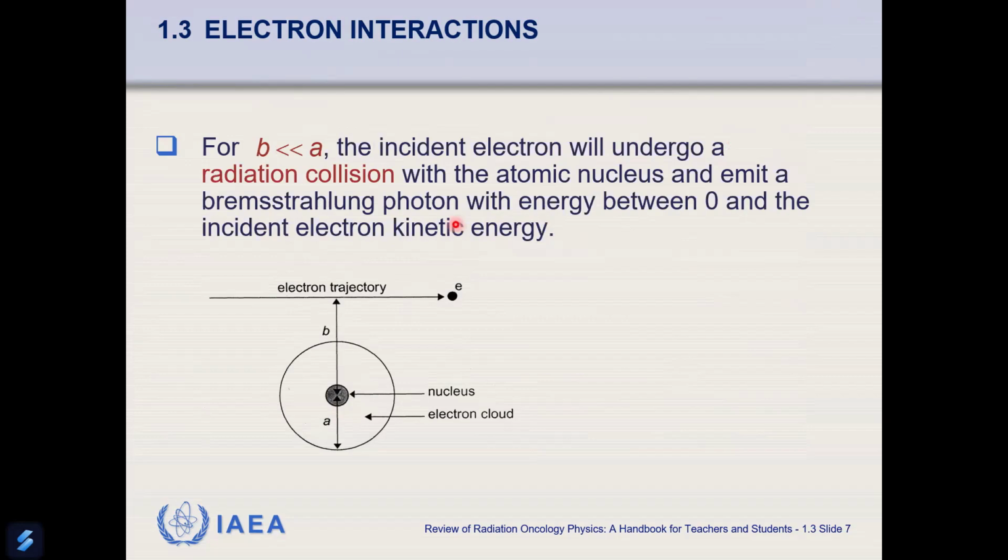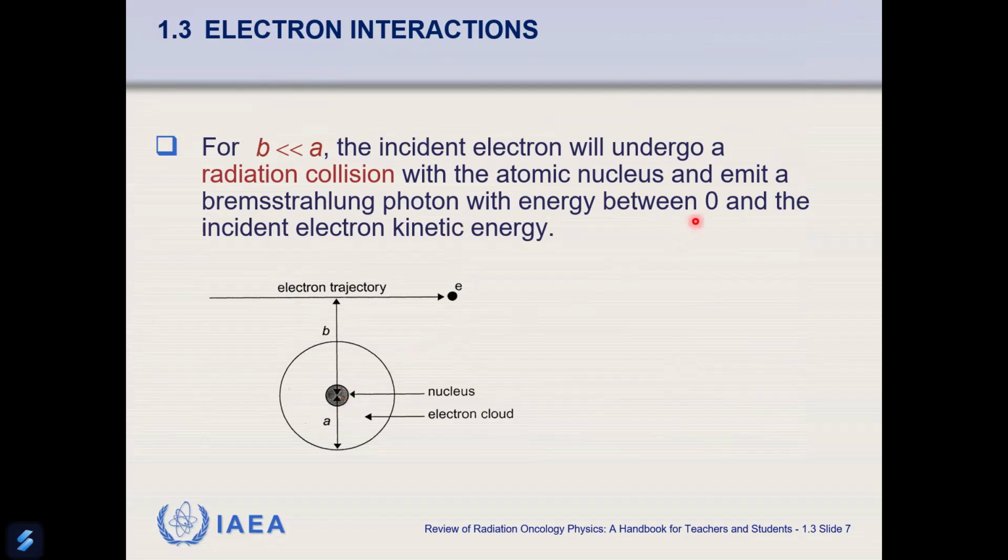All right. The amount of energy that is lost ranges anywhere between 0 and its incident energy. The maximum energy loss from the electron usually occurs for direct impact. So if the electron impacts directly into the nucleus, then we experience a maximum energy transfer.